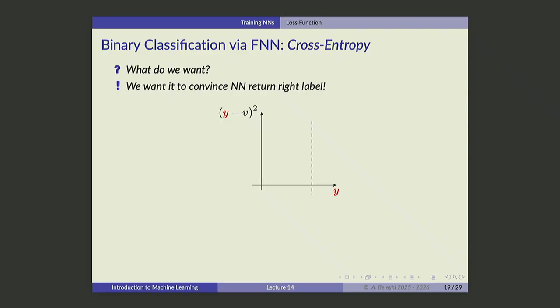So if you think about that, y is the output of your neural network, and v is the true label. If you want to make this difference small for every single sample that you have, well, if v equals 1, I'm going to keep my output close to 1 to make the loss as small as possible, right? And the same thing, if v equals 0, then the neural network is going to learn to give you an output which is close to 0, right?